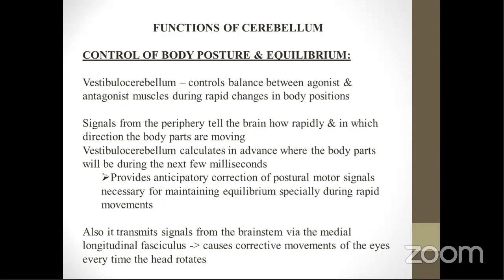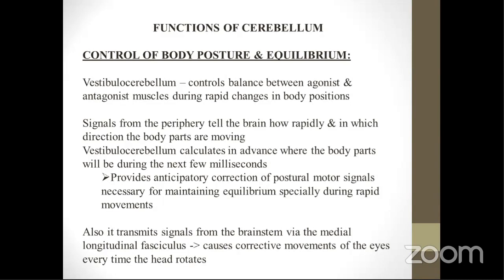What it does is control the balance between the agonist muscles and antagonist muscles whenever there are rapid changes in body position. For example, even during your walking movements there is always activity of agonist and antagonist muscles, and there should be a balance between them. This balance is maintained by the vestibulocerebellum. How does it do this?